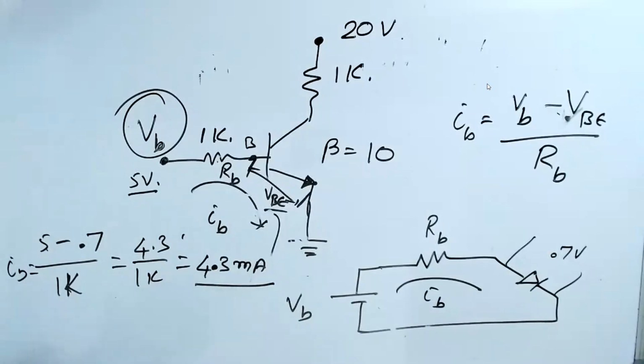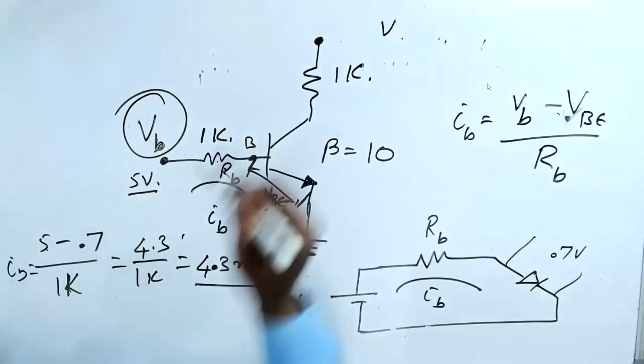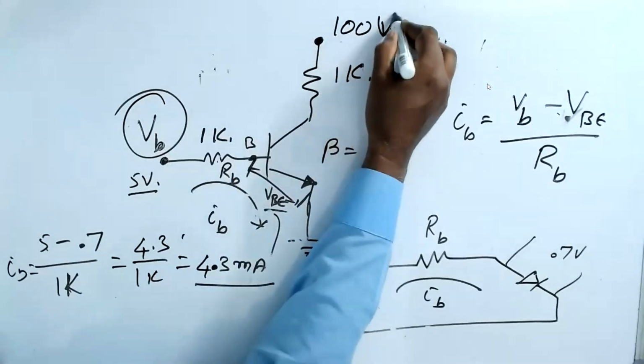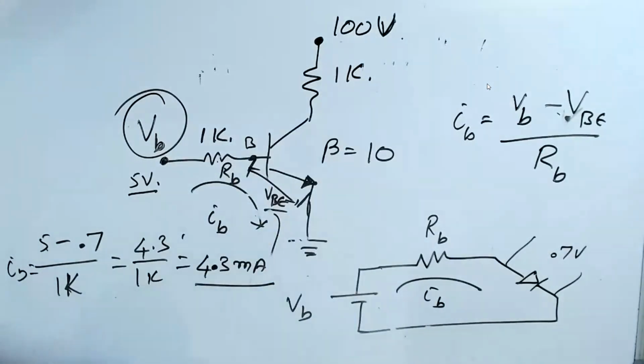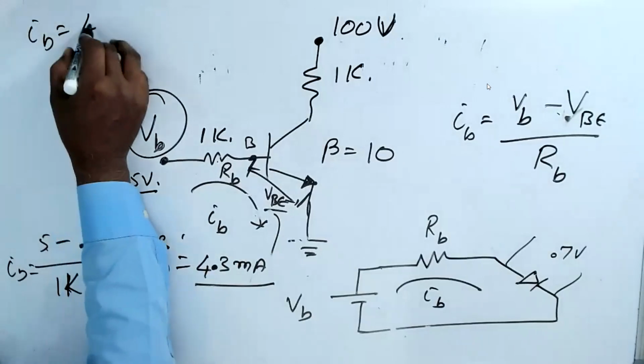Now, the 4.3 milliampere. So let me give a bigger voltage here. Let's give about 100 volts. Otherwise, there'll be a small different discussion. Now, we found out IB is equal to 4.3 milliampere.